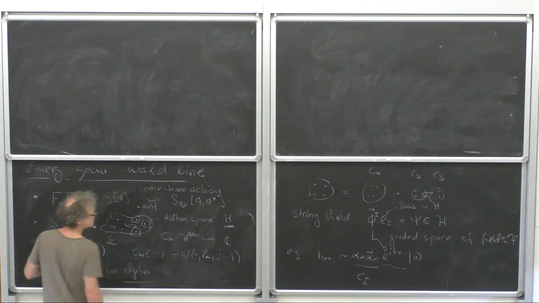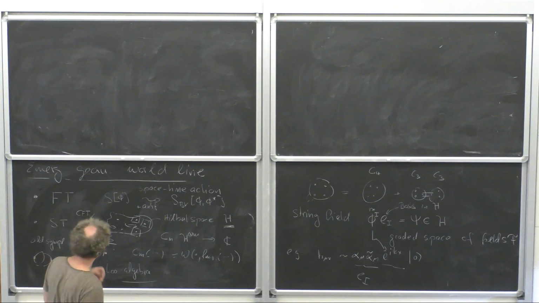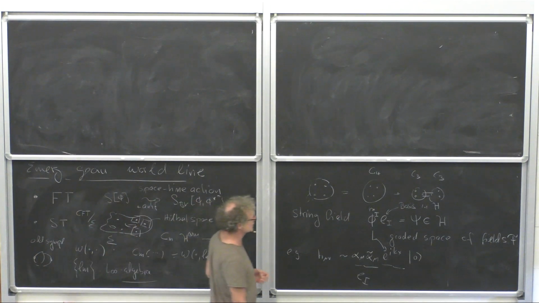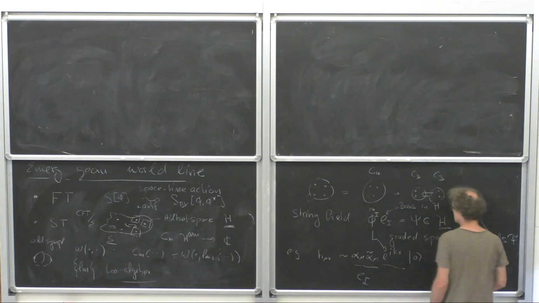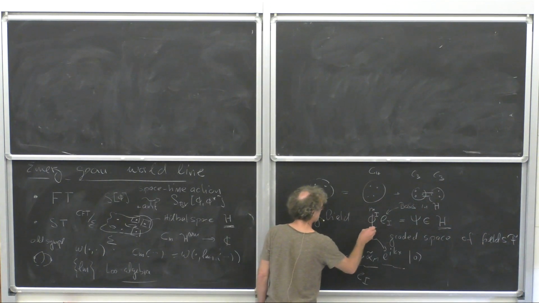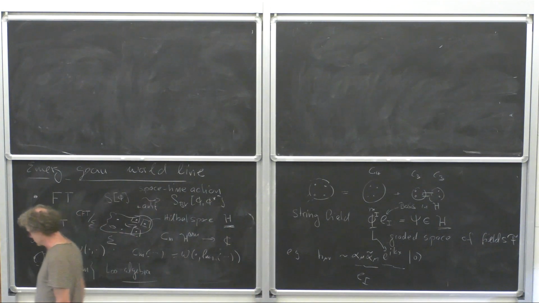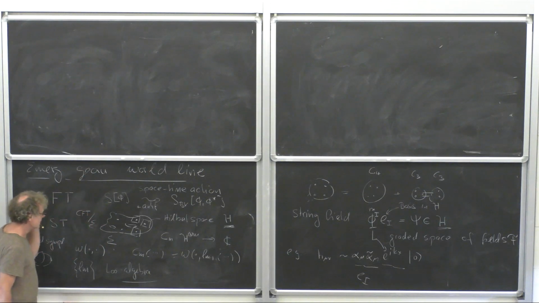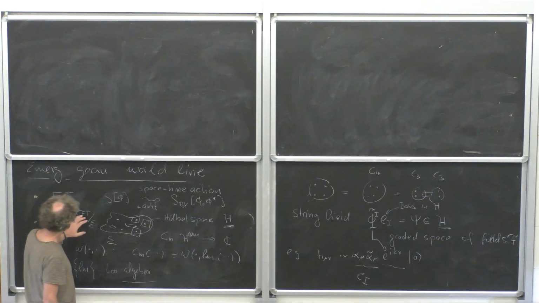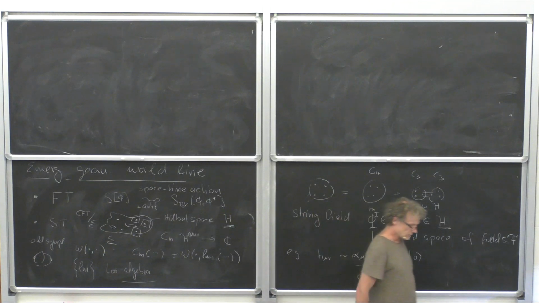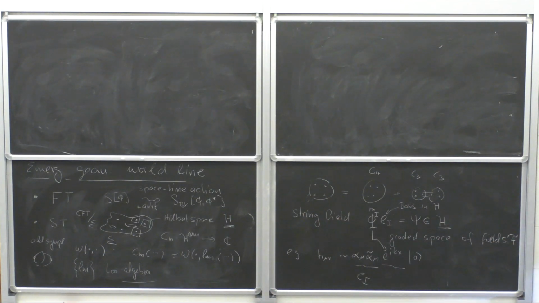So morally, you could say that in string theory, geometry is emergent, because you could say that what you really start with is some vector space together with some coefficient functions or expansion coefficients, and then simply using the conformal field theory, which a priori doesn't necessarily have much to do with space-time, will produce interaction vertices, or will give you scattering amplitudes of gravitons, for instance, in this way.